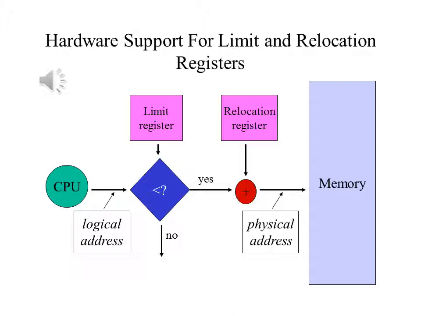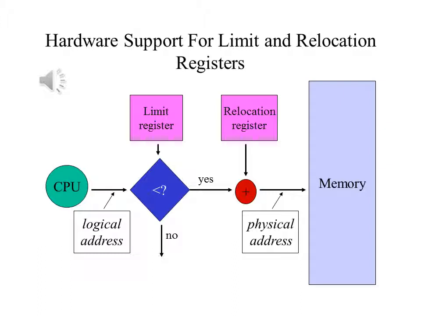It is also important to note that the limit register contains a logical address, not a physical address. If the address is valid, then it is added to the contents of the relocation register, which holds the base address for the program. This results in a physical address that is used in accessing memory.